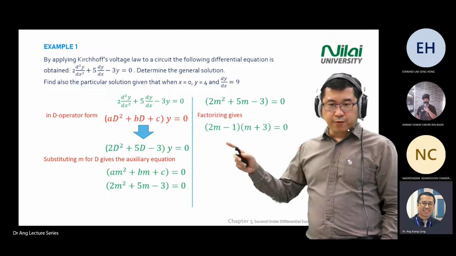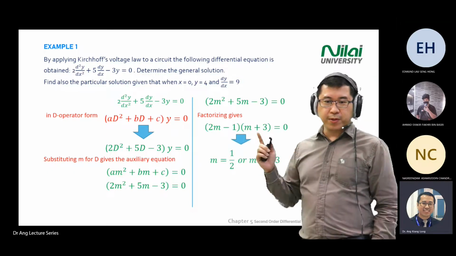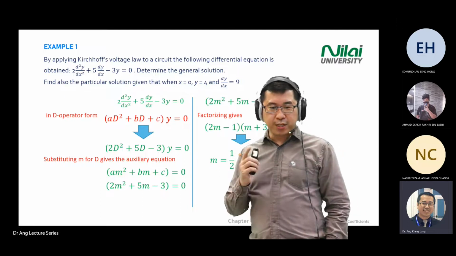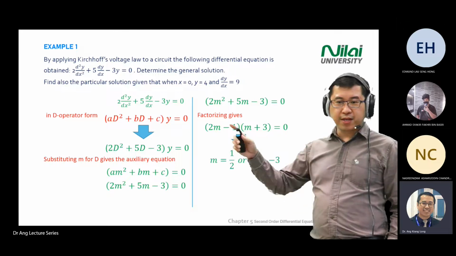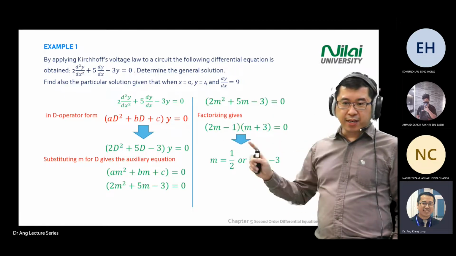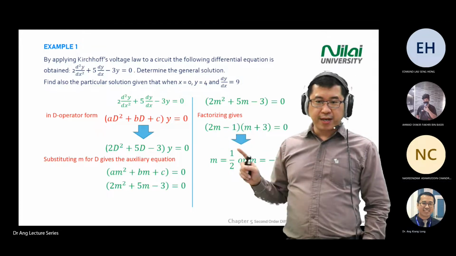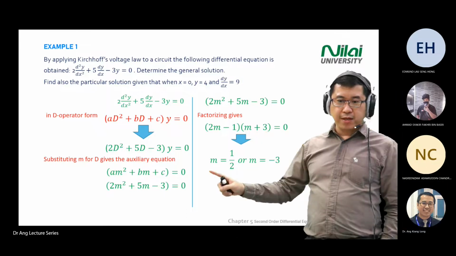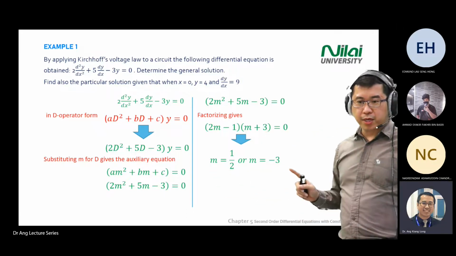Of course, you can factorize, or you can use b squared minus 4ac to check the type of solution. But this one I just factor out because it is a very simple equation. I get 2m minus 1, m minus 3. I get m equals half or m equals 3.